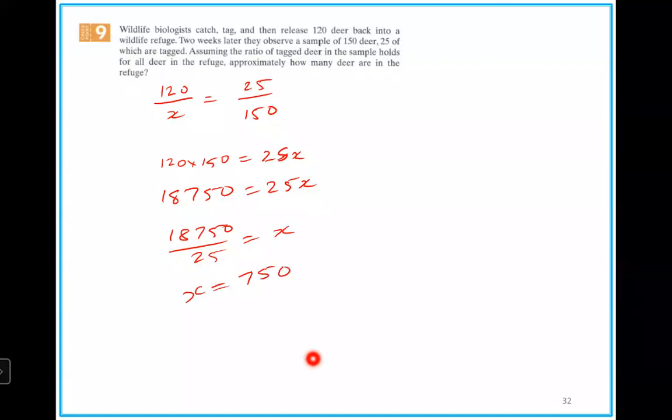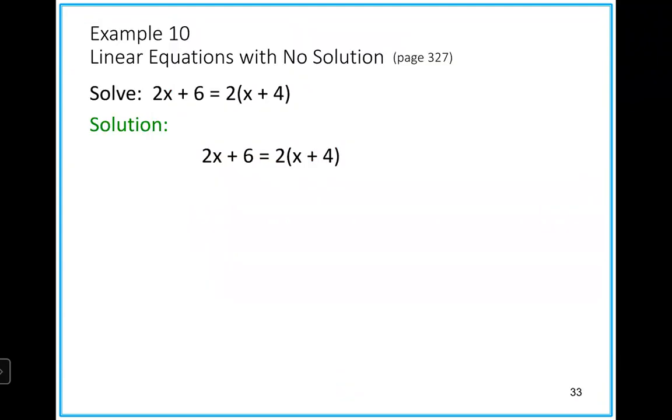Okay. So you would say we estimate approximately 750 deer to be in the refuge. All right, so we don't stop here. We simply put a sentence for the answer to say that approximately 750 deer are in the refuge.